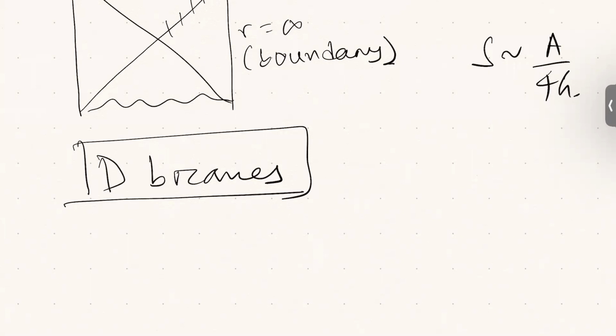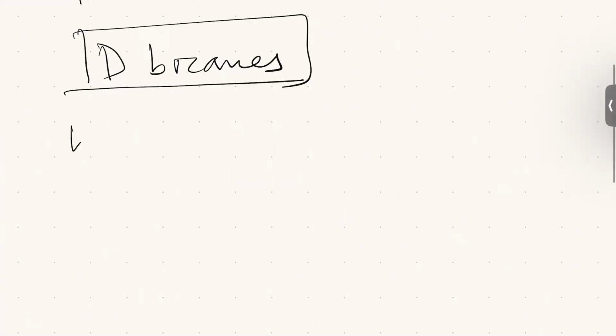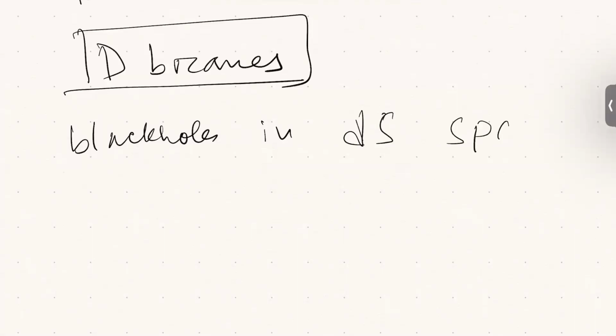The black holes we observe in the universe are not supersymmetric. So there is an open problem to understand black holes in de Sitter space.